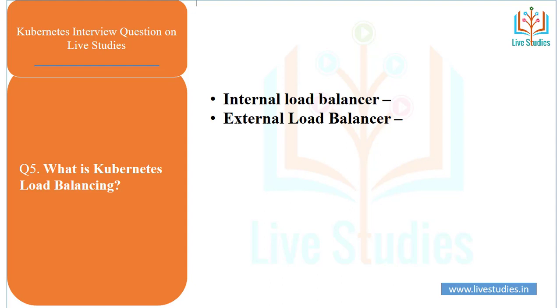Suppose there is multiple incoming traffic forced onto one service. The internal load balancer divides it to another service and then connects to another pod. The external load balancer directs traffic from the external load to the backend pod. Okay, backend pod.